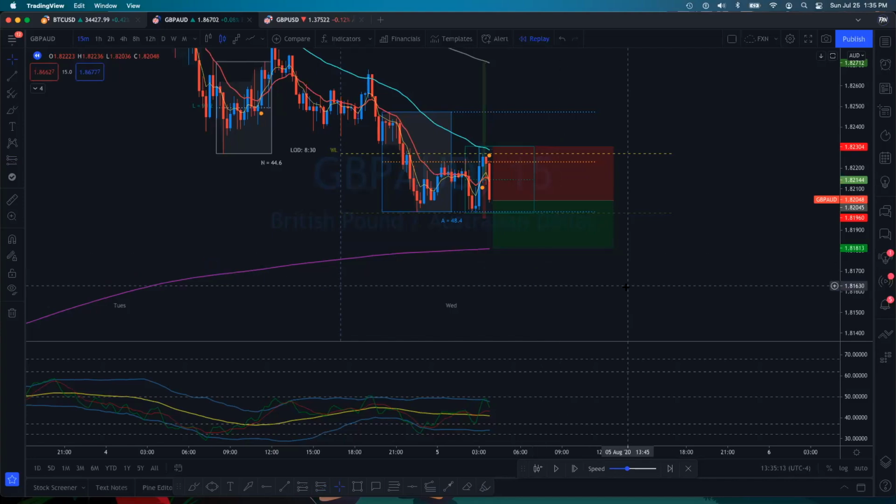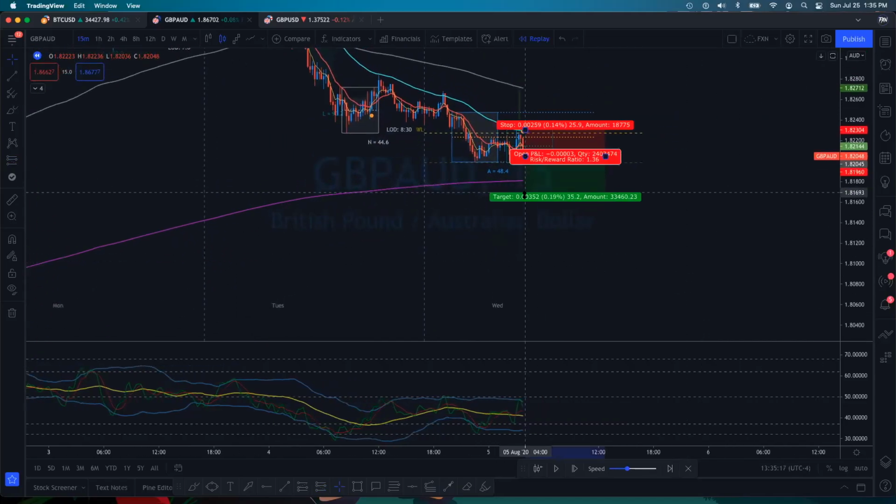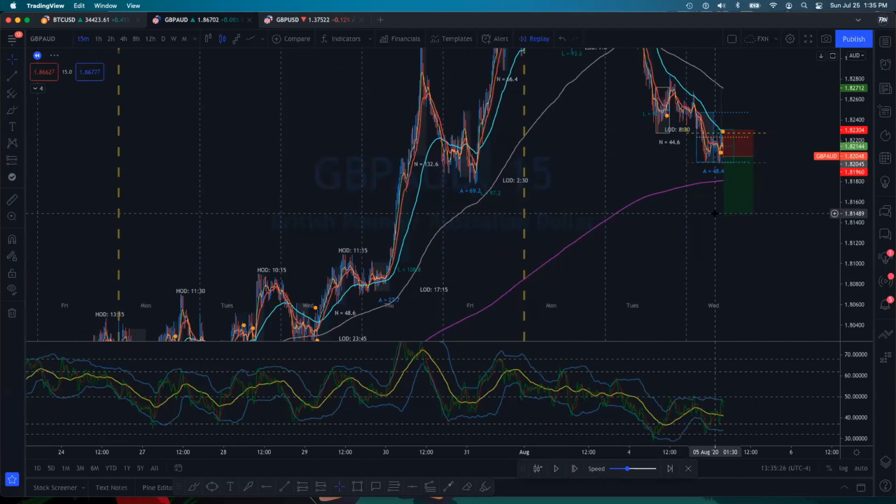You would need a pullback, exactly. But for this to even make sense, it would need to be more like that. And if you can see to the left here, you're out in the middle of no man's land. There's no structure here, right? So the likelihood of this actually going down here is probably not very high. You see what I'm saying?